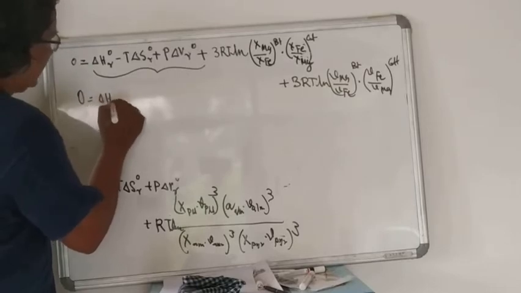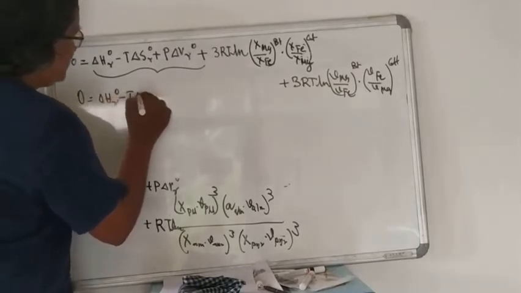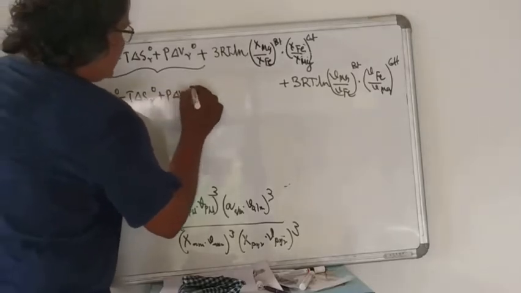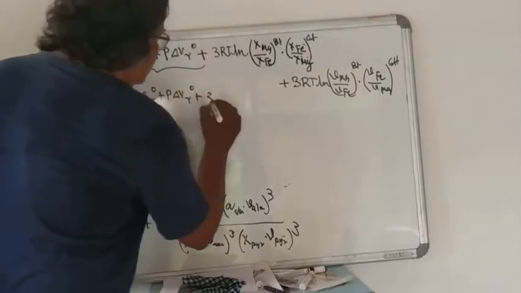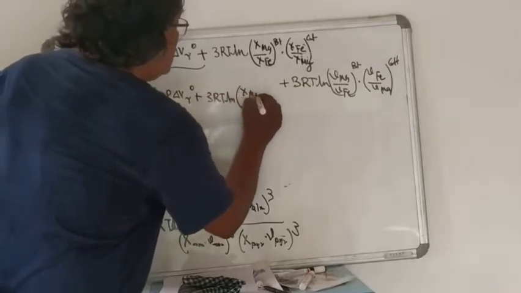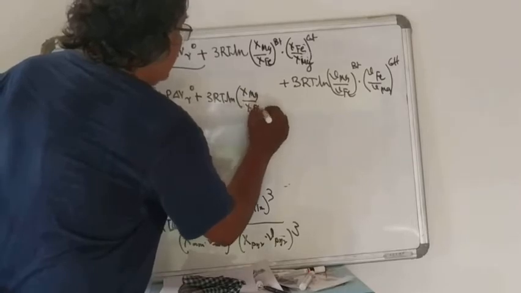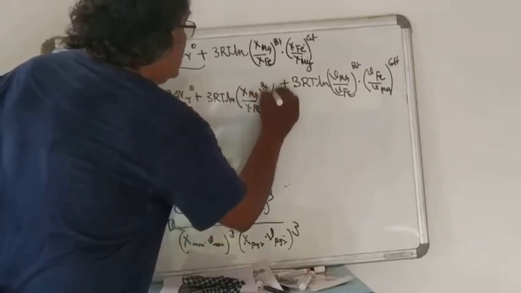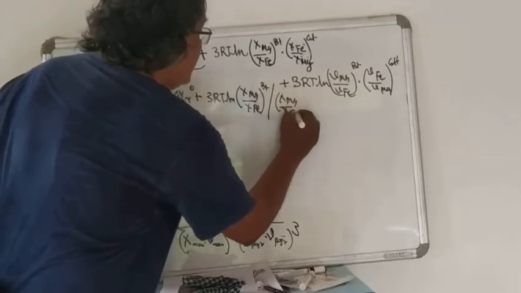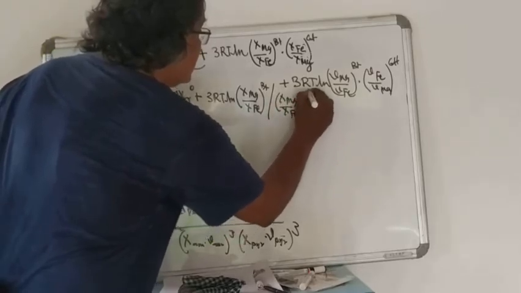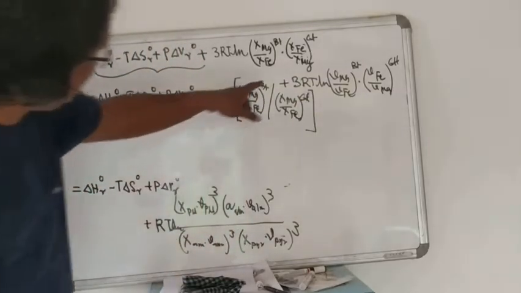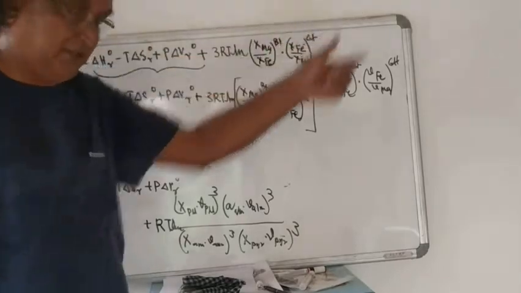0 is equal to del H R 0 minus T del S R 0 plus P into delta V R 0 plus 3 RT ln x Mg by x Fe biotite divided by x Mg by x Fe garnet. You see that? I have divided this, so this is reversed.